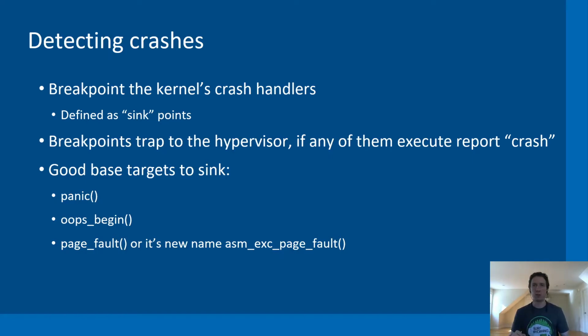This is obviously easily the most important target, but we might want to detect other types of events as well. For example, oops_begin is a function that gets called whenever something wrong happens within the kernel, but the kernel can handle the situation and continue executing so it doesn't actually crash. But this would be definitely something that we would like to get notified of.